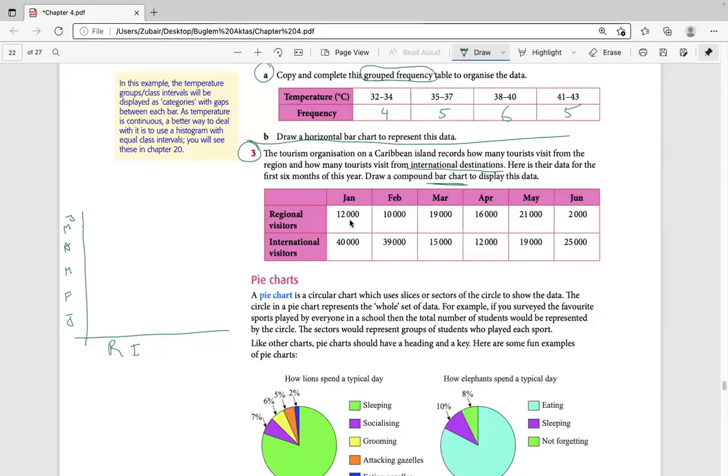So in January, we have 12,000 regional visitors and 40,000 international visitors. Let me please do it the other way around. That would be very easy to write in this working space.